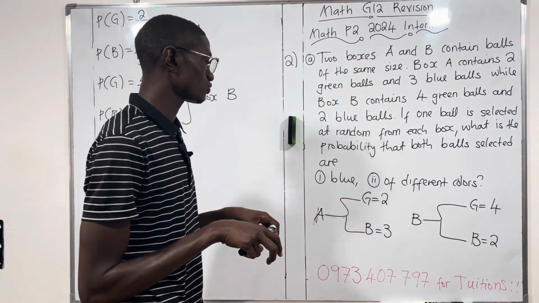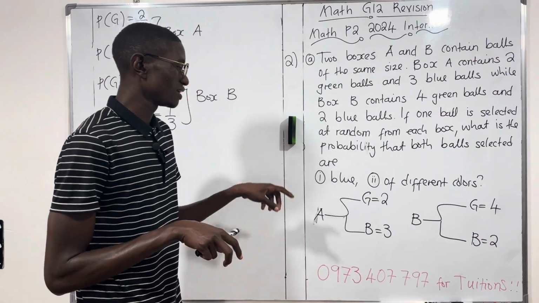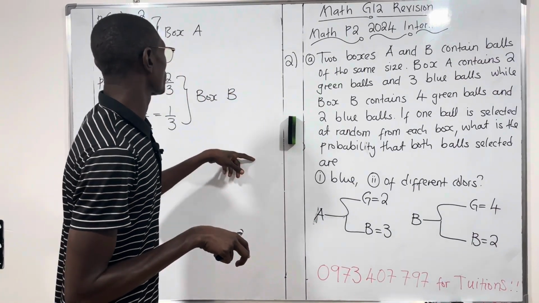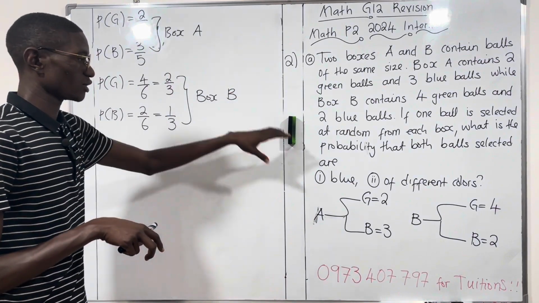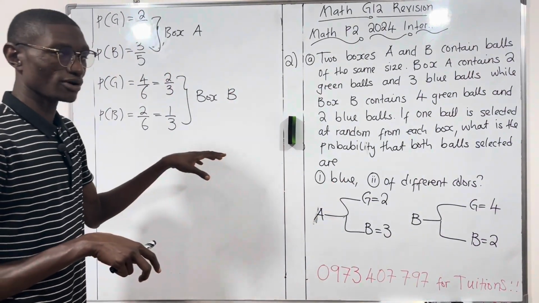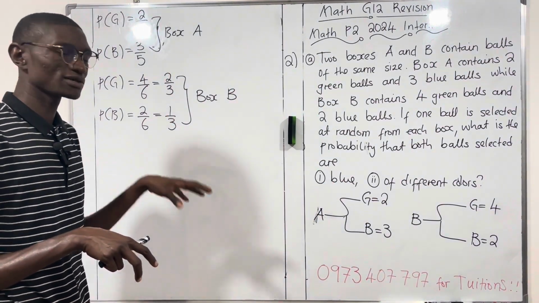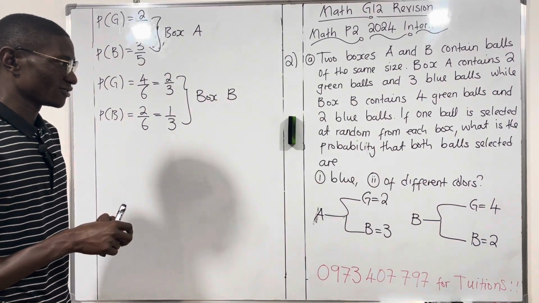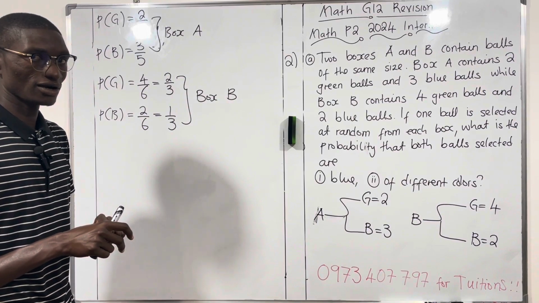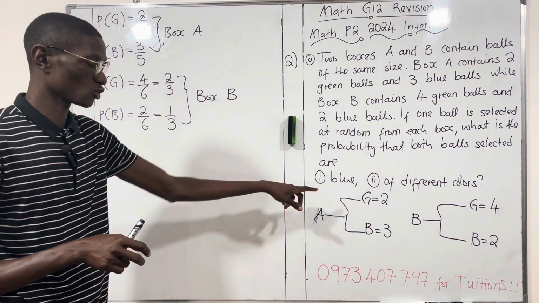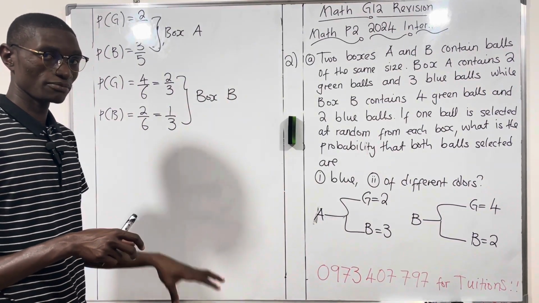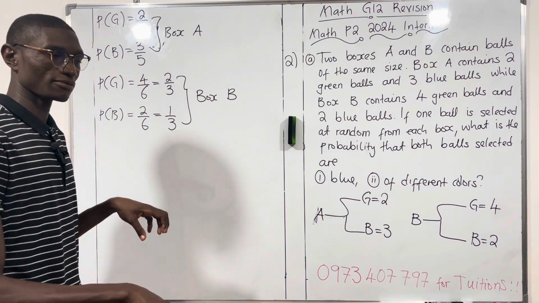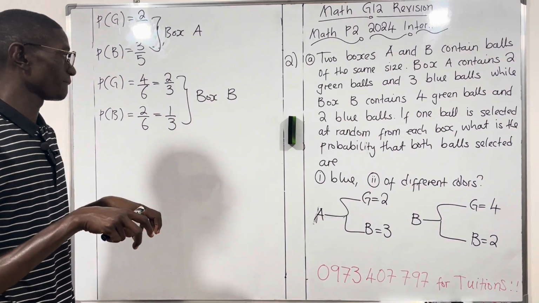We're dealing with blue actually. Because the question is, what is the probability that both of the balls that were selected from each box were both blue?